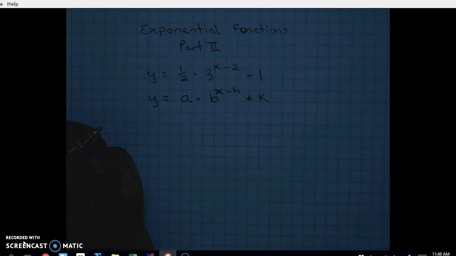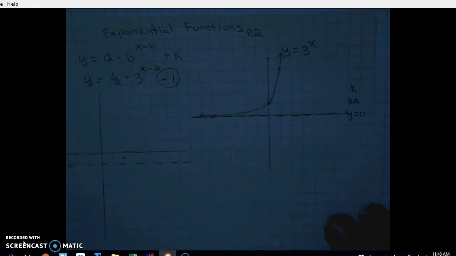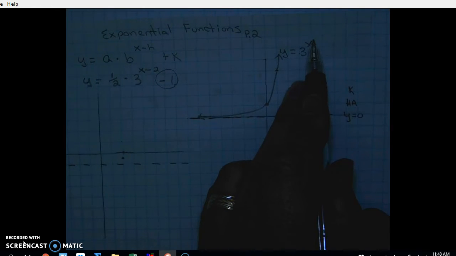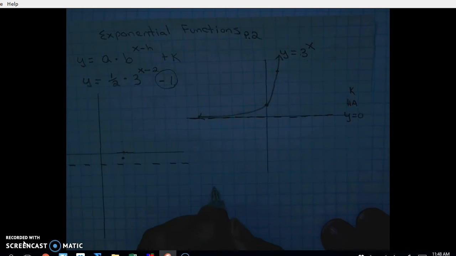So we're going to look at end behavior real quick. If you'll recall the parent function here, y equals 3 to the x, okay? Notice that on the left side, we're talking about end behavior here.